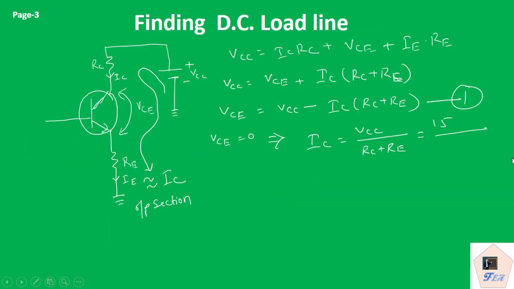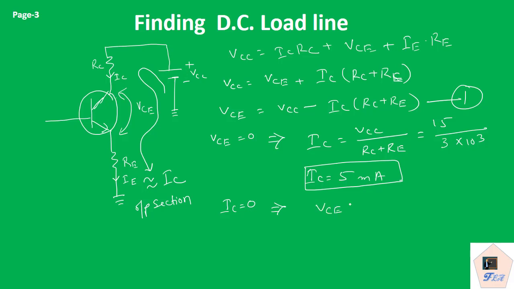So RC plus RE will give us 3 kilo ohms, so 3 into 10 to the power 3. So that will give us IC value as 5 milliampere. So that is one end point of the DC load line. Similarly, in equation 1, if we put IC equal to 0, that will give us the VCE value as VCC, so that is 15 volt.